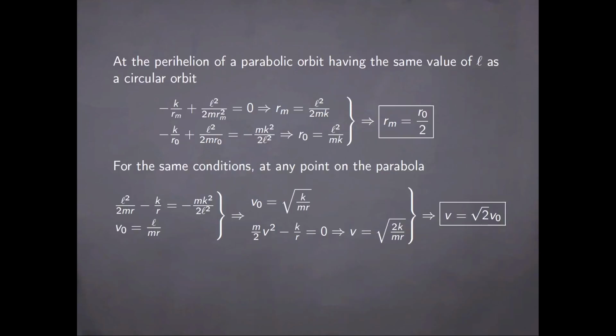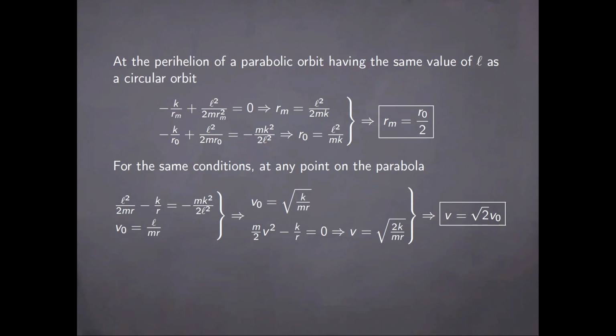As an interesting application, we can consider the situation where we have motion on a parabolic orbit having the same value of the angular momentum as on a circular orbit. Then for the perihelion distance of the parabola, we can write the identity here, which follows from energy conservation, and then we can immediately extract the perihelion radius as the quantity here.